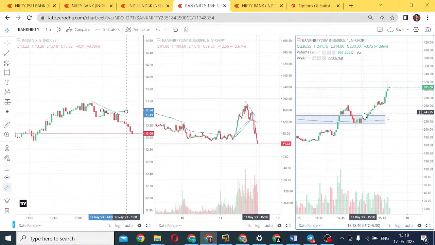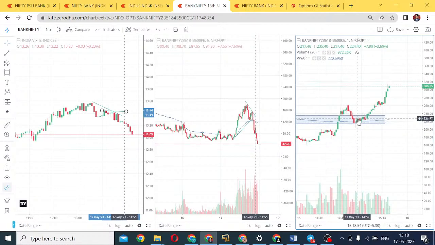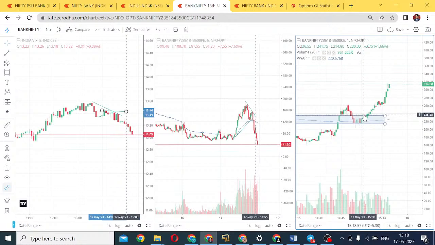This point at 3 o'clock, no sorry, here, right? Between 3 and 3:06 we exited. So we entered here around, we entered at 256, we exited at 331, right?